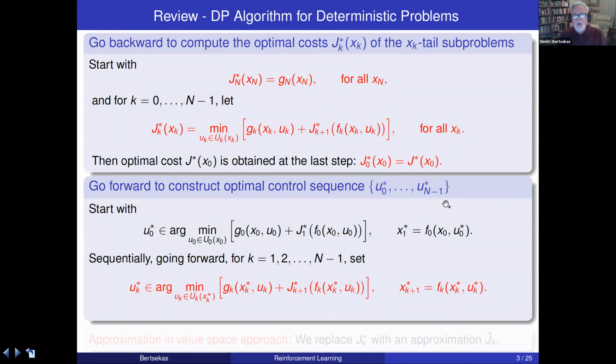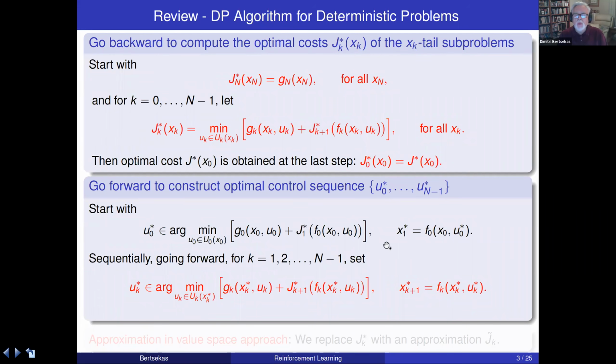Now, the problem with this is that we need to calculate these J stars before we can start with this online play to generate the optimal control sequence. And this calculation is very difficult for a number of reasons, including the curse of dimensionality. We may have just too many states and too many calculations to do.